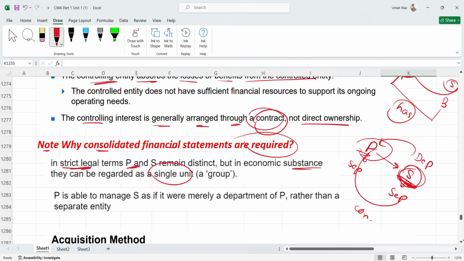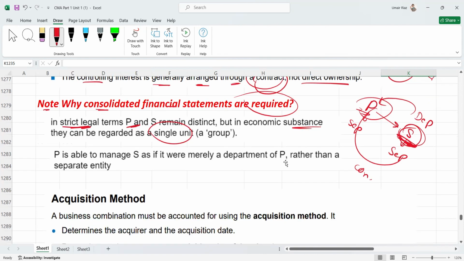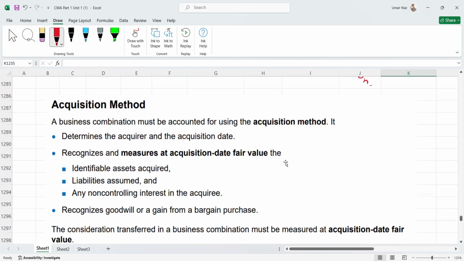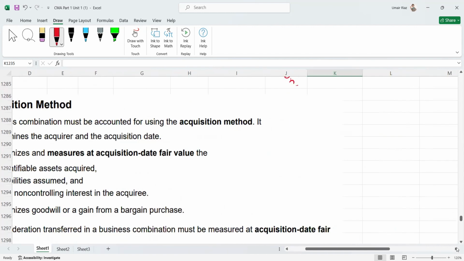Now, the next point I'm going to explain. So guys, please remember, let me start with the help of an example. For example, let's assume today is 1st January 2024. I'm just assuming this is the start of our accounting period, and our accounting period ends on 31st December 2024. Let's assume at this date P has acquired a subsidiary.